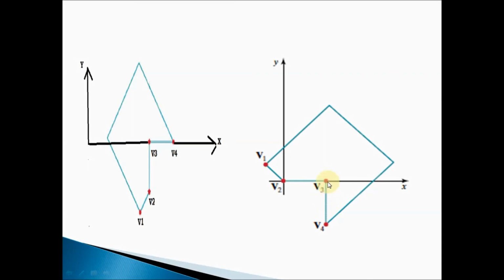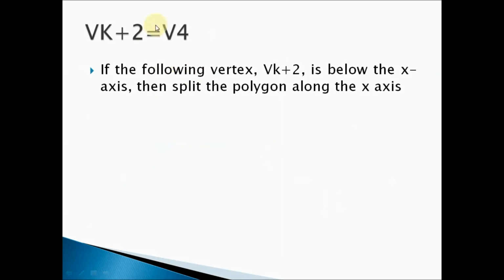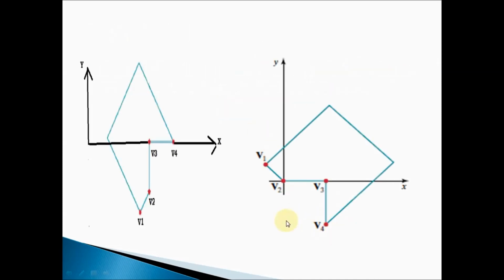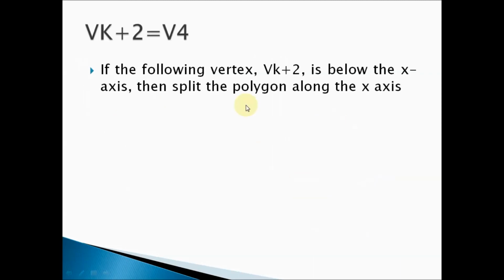Vk is 2, vk plus 1 is 3, vk plus 2 is v4. If your v4 is below the x-axis, yes, now you can see here my v4 is below the x-axis. Getting guys? Then we have to split the polygon along the x-axis.